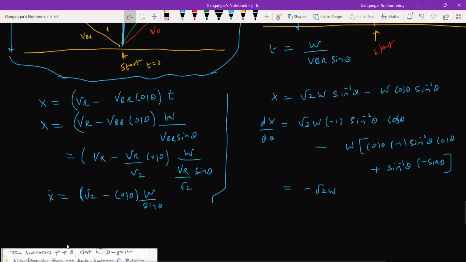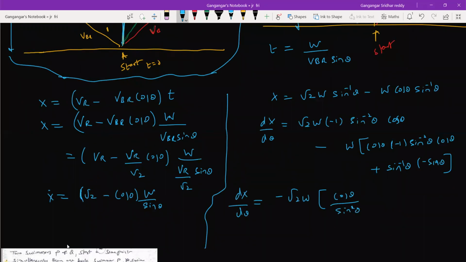You can use any other alternative method. Write it like this. So this will be minus root 2 W cos theta by sine theta, cosecant theta, cot theta. Anything you can write. So this will be negative only. So here cos square theta by sine square theta, sine square theta.